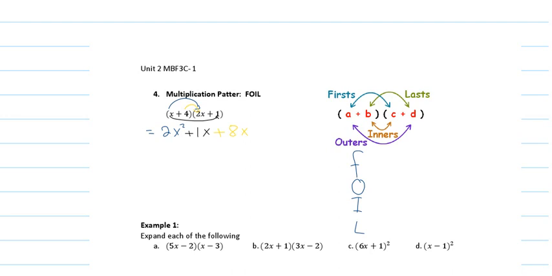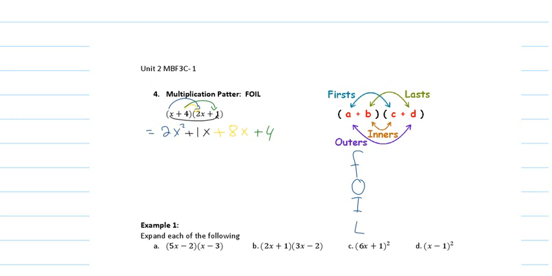And what would be my last terms? 4 and 1. That is 4 times 1, which is 4. So the first term was multiplied with the two terms, the second term was multiplied with the two terms, and I ended up with 4 terms. You guys agree?